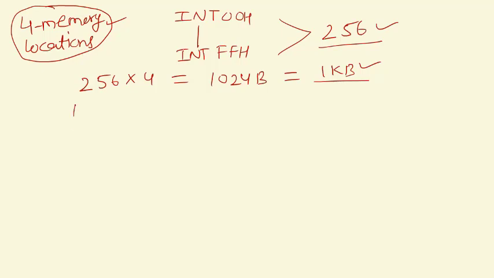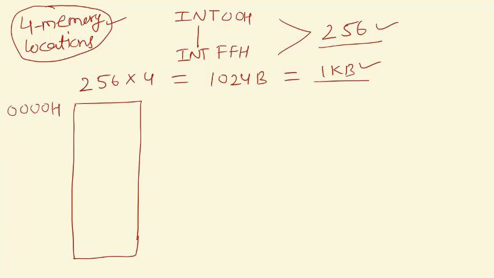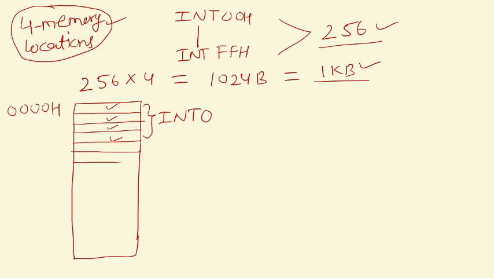So suppose this is the memory address, and suppose the offset is 0000H, and suppose these are 4 memory locations, 1 2 3 4. Suppose here INT 0 is stored, and similarly another 4 memory locations for the next interrupt, INT 01.